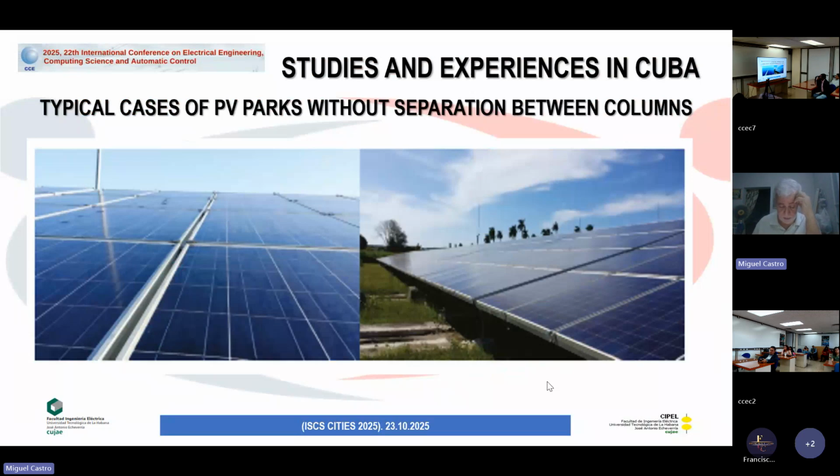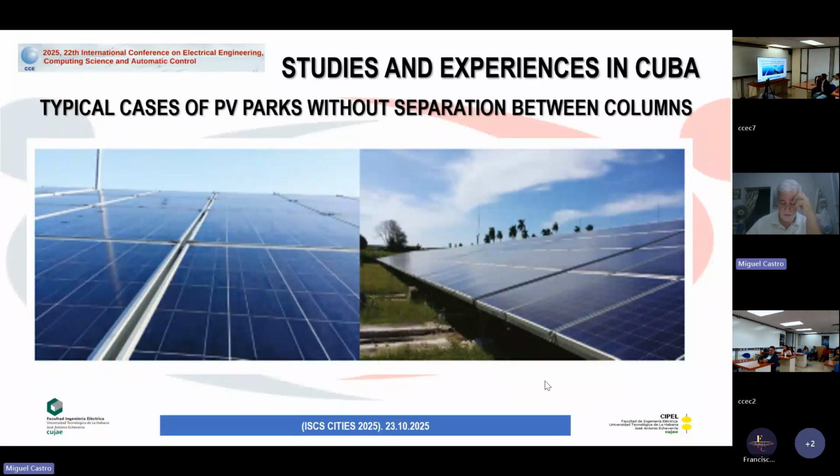The typical configuration on soil of the PV system in Cuba is the location of the panel at 15 degrees with respect to the horizontal and north-south direction, with zero azimuth. A graphic example of this configuration can be seen in this slide.